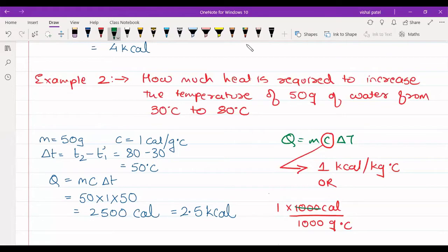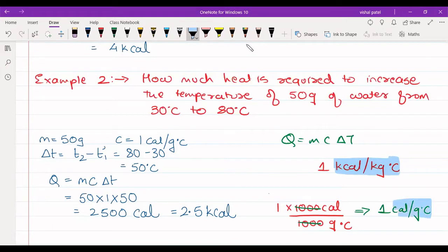So 1000 will cancel, and what I get is 1 calorie per gram degree Celsius. Means if I use kilocalorie per kg degree Celsius, or calorie per gram degree Celsius, it remains the same. See this, 1 is remaining the same.